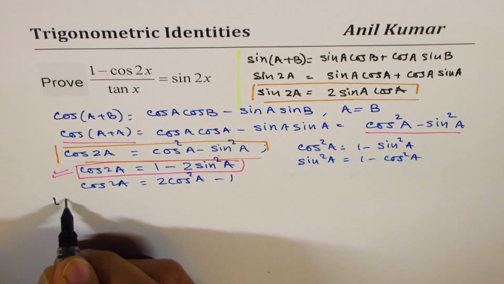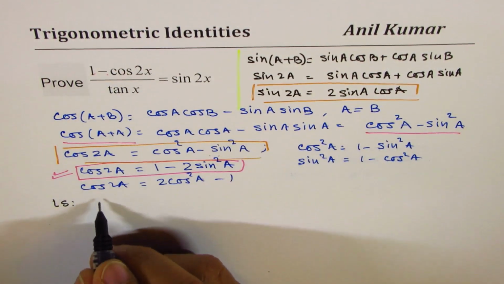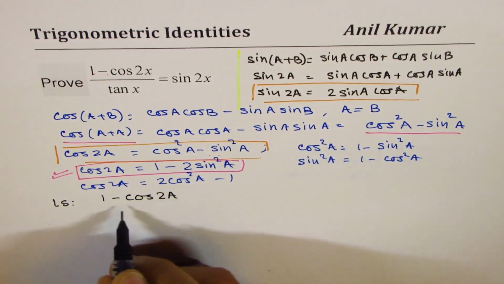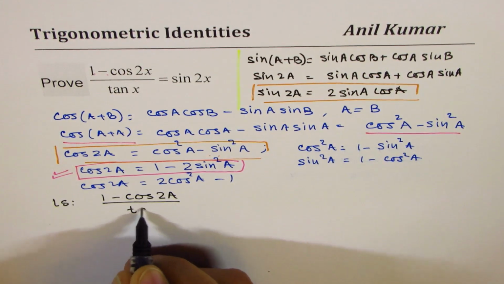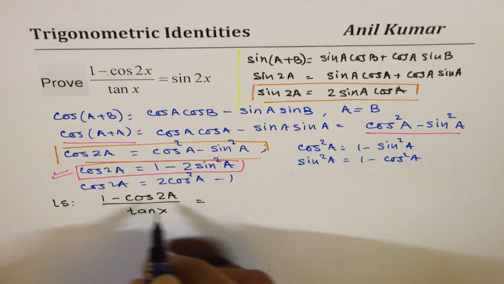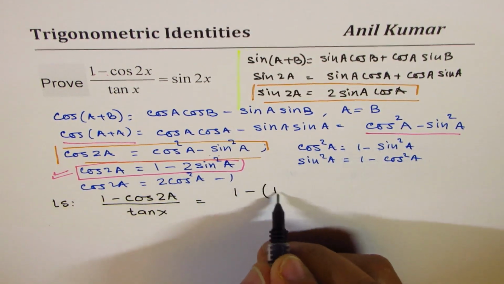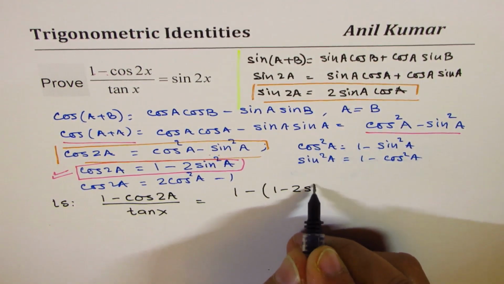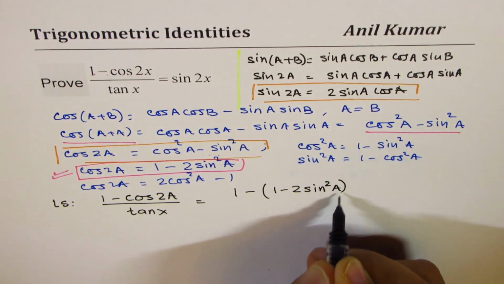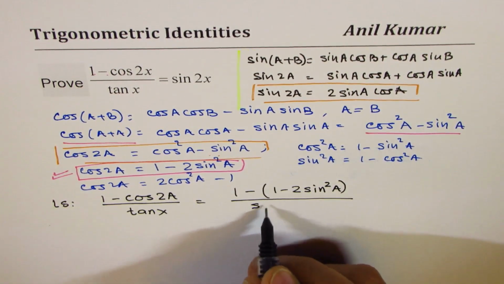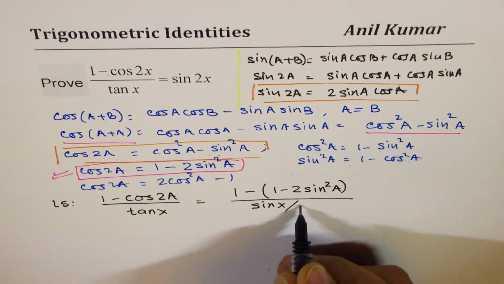We'll begin with the left side, since it can be simplified, which is written as 1 minus cos 2x divided by tan x. Now cos 2x is being replaced by 1 minus 2 sin square x, correct? Divided by tan x. Let me write this as sin x over cos x.